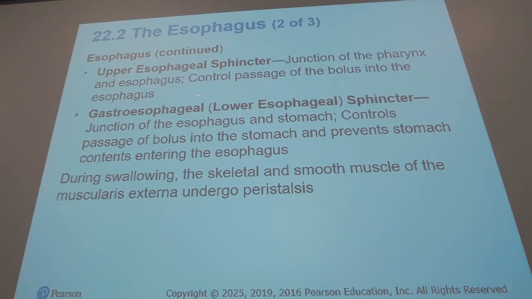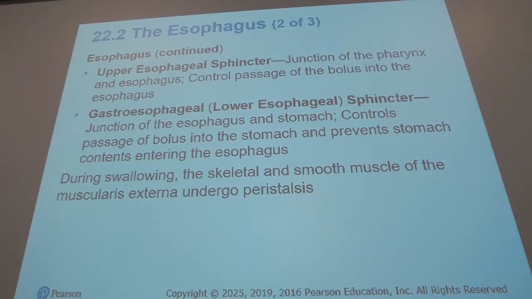So the upper esophageal sphincter, which is the junction between the pharynx and the esophagus, controls the passage of food between the pharynx and the esophagus. And then at the lower connection between the stomach and the esophagus, you have another sphincter.